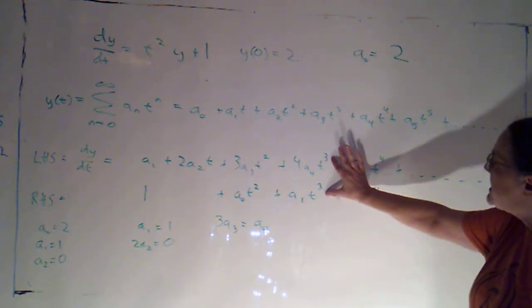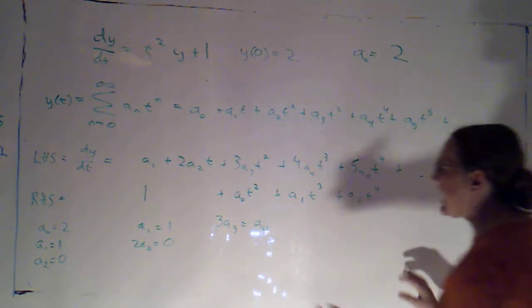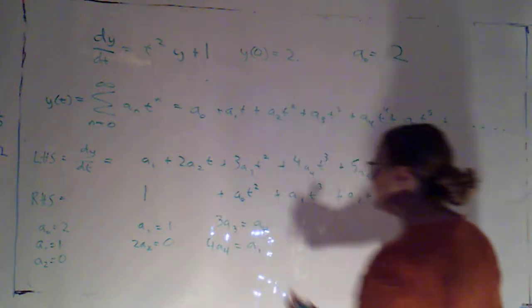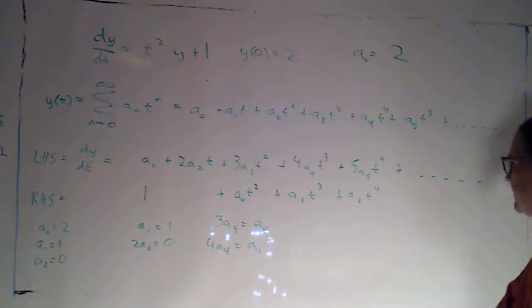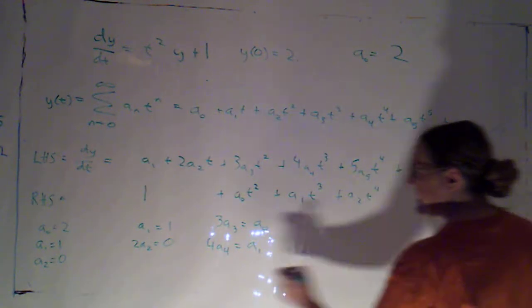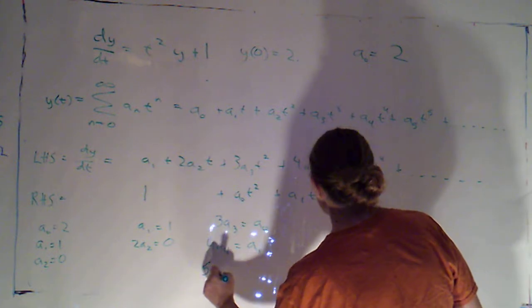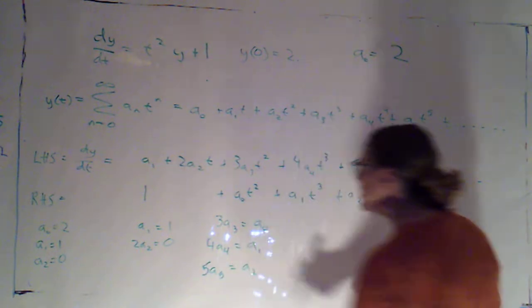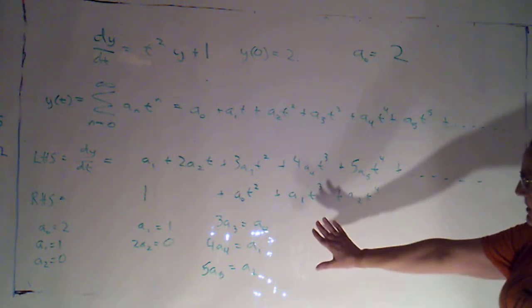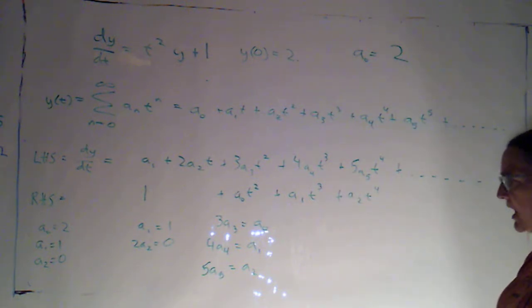If I look at the t cubes, what I'm going to get is 4a sub 4 is equal to a sub 1. Okay. If I look at the t to the fourths, what I'm going to get is 5a sub 5 equals a2. Okay. So this is looking kind of nice.